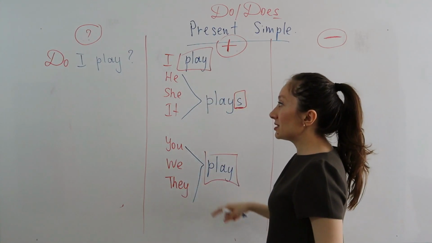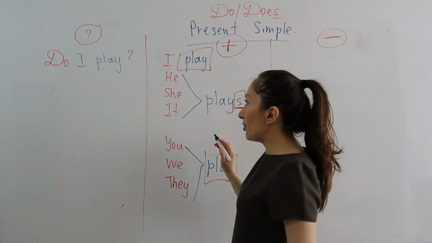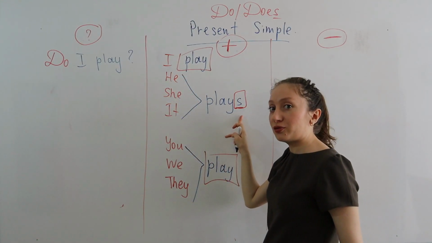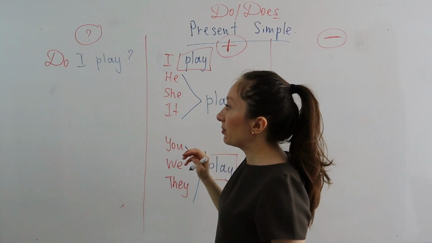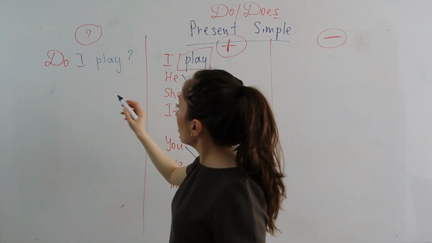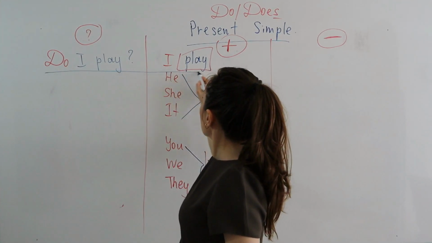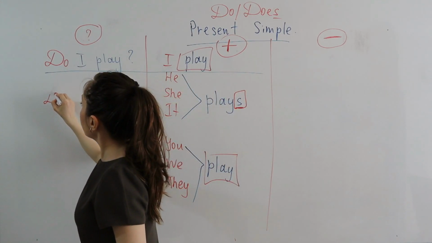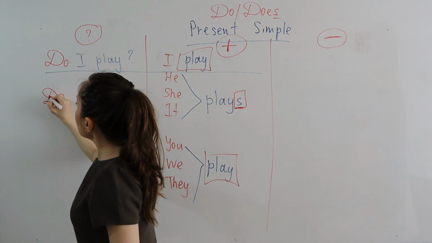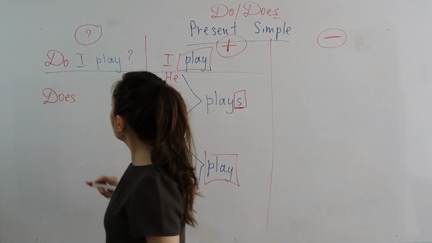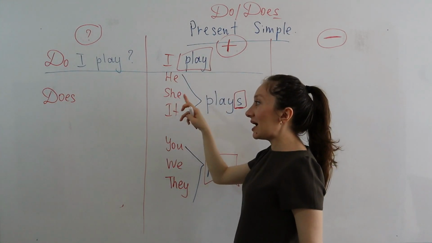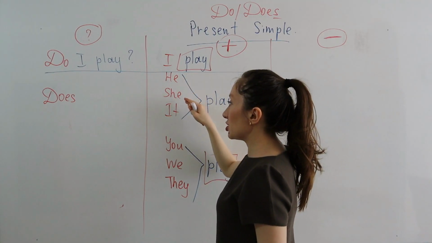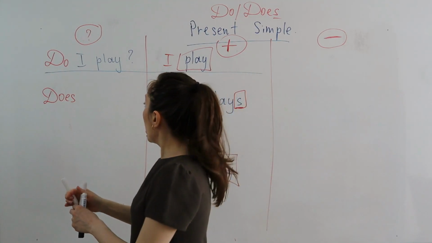Next comes he, she, it. Do you remember that they are kind of brother sisters? They have the one rule for three of them. For them, we will use does. So, does he, does she, does it. For he, she, it, we use does.